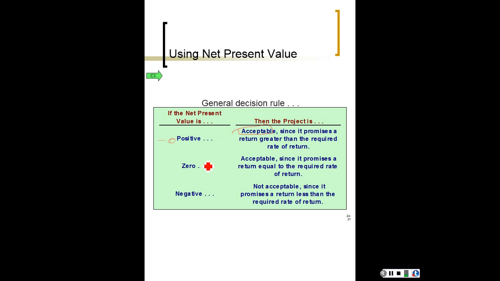If it's zero, it may be acceptable since it promises a return equal to the required rate of return. Okay, so that's kind of like your break even. It meets the minimum threshold. Now, if it's negative, it's not acceptable since it promises a return less than the required rate of return. So that's generally the decision rule that you would use when looking at net present value.